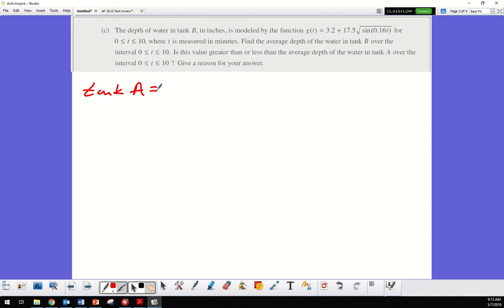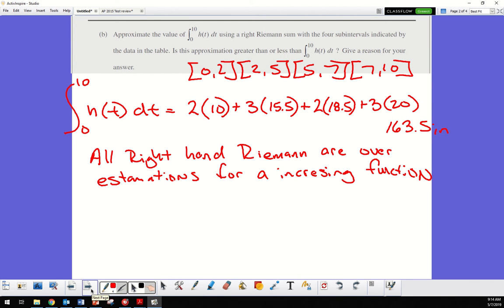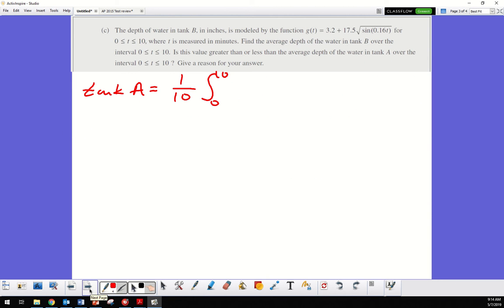Okay, so it's going to be 1 over b minus a, which is 10, right? Integral from 0 to 10. And for my previous function, I could write it as h of t. You don't actually have to write out the whole function, so you'd say h of t on this one because it's already stated to you before.